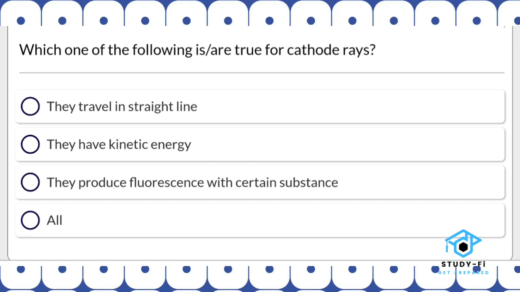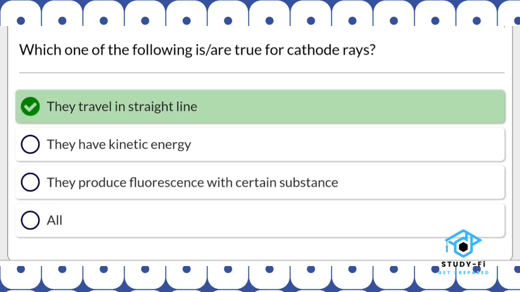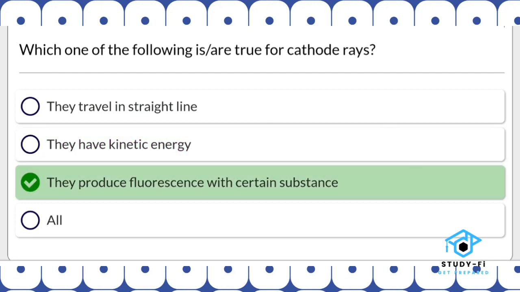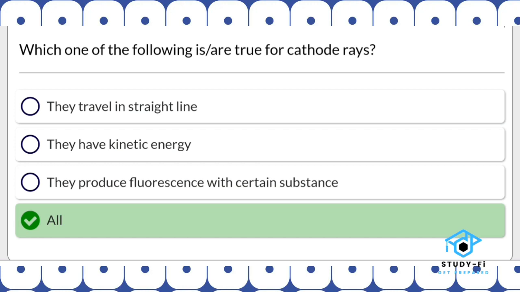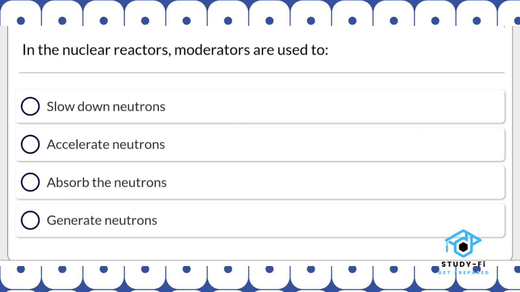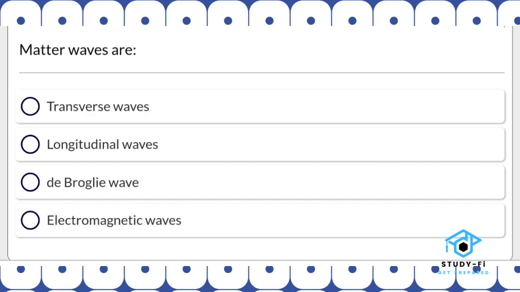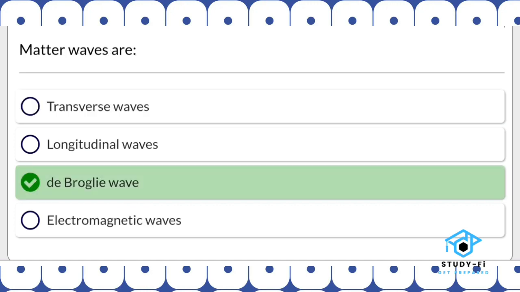Which one of the following is or are true for cathode rays? They travel in straight line, they have kinetic energy, they produce fluorescence with certain substance. So all are correct. In the nuclear reactors, moderators are used to slow down neutrons. Matter waves are de Broglie wave.